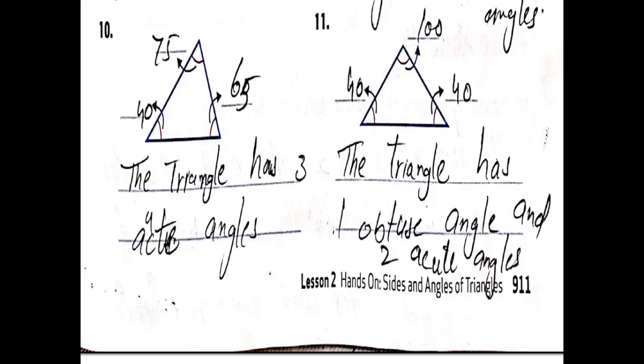Again, you can see the figure. One angle is 100 degrees, that is more than 90. This is an obtuse angle. 2 angles are 40 degrees each. They are less than 90 degrees. They are acute angles. In the given line, we will write our observation. The triangle has 1 obtuse angle and 2 acute angles.